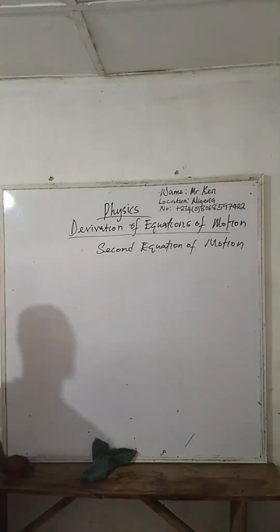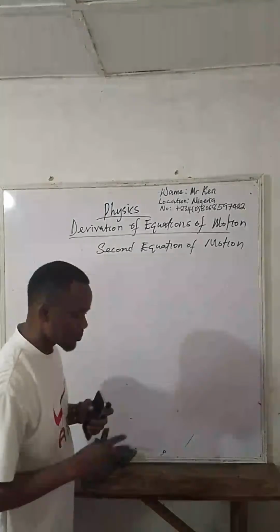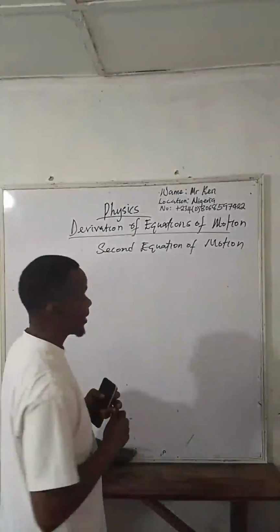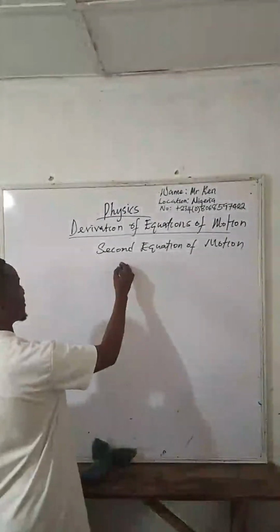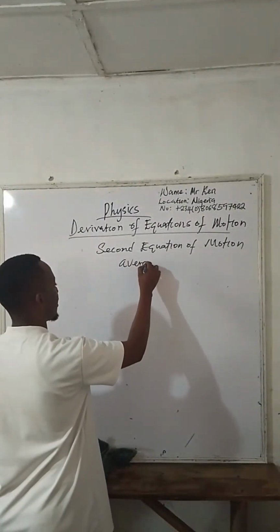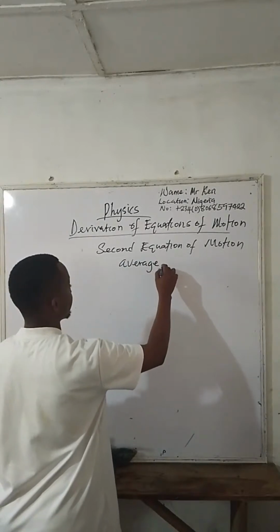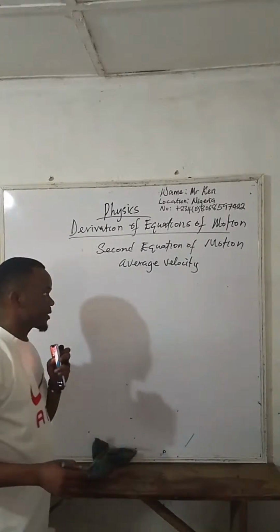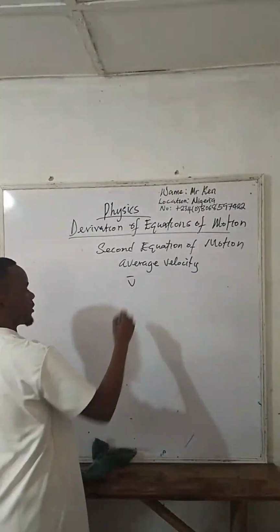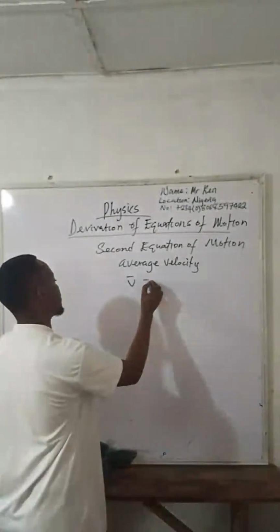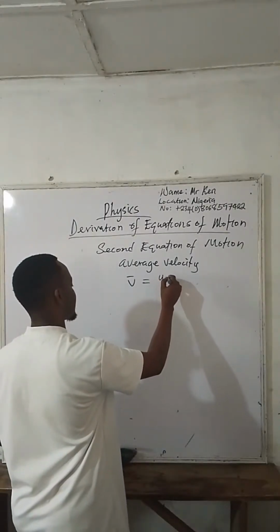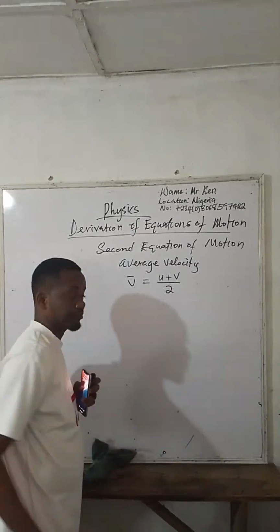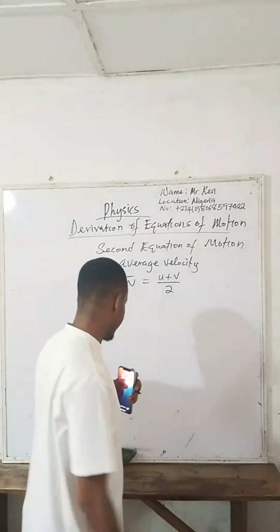So the second equation of motion can be obtained from average velocity. Average velocity is equal to v average, which is initial velocity plus final velocity, all over 2. Now this will be the average velocity.